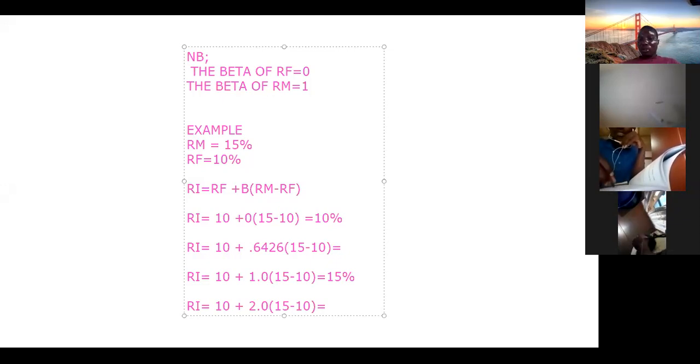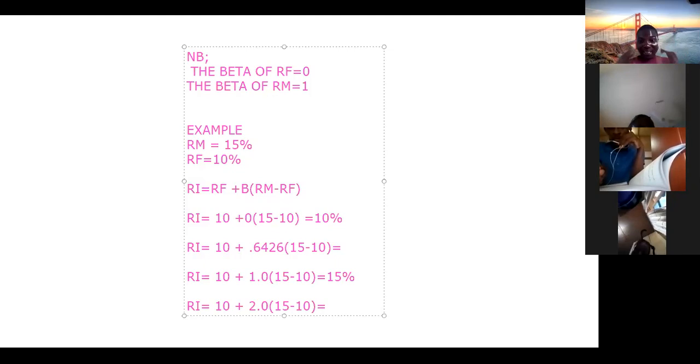Good. So we take the 15 as the market rate. So which one is the risk-free rate now? Risk-free is 8%. Why did you say it's 8%? Because that's the only one that has its beta to be 0.